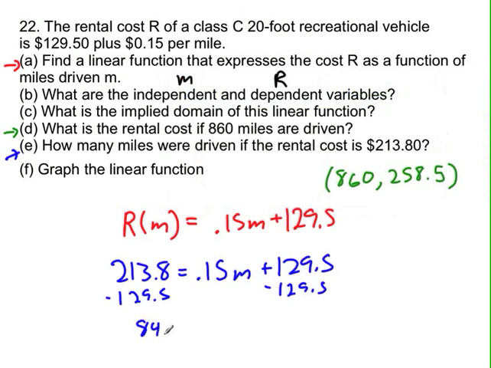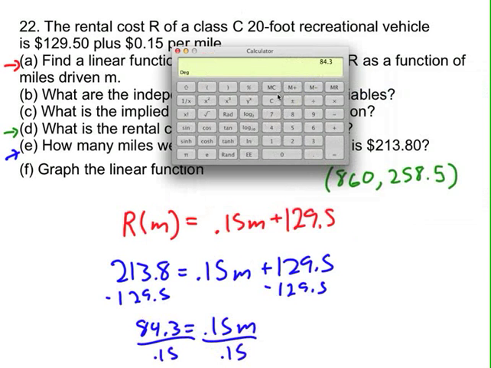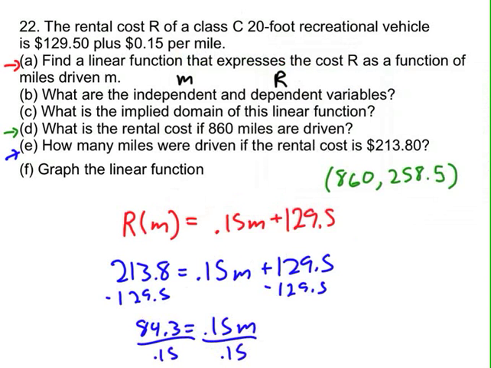So 84.3 equals 0.15 M. Divide by 0.15, and you end up getting 84.3 divided by 0.15, which is 562. Now it's going to be 562 miles.